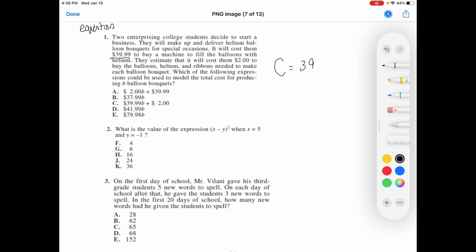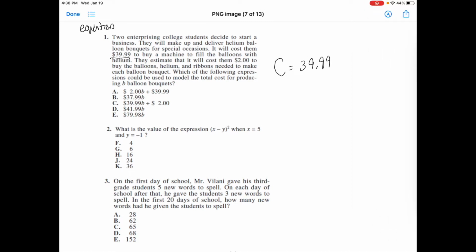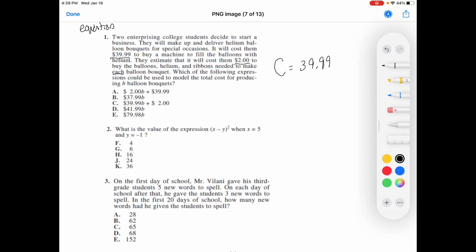So $39.99. And we're also paying $2 for each bouquet, so we'll add in the $2 per bouquet. That'll give me A.